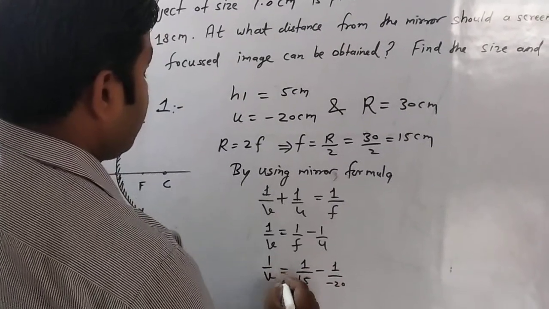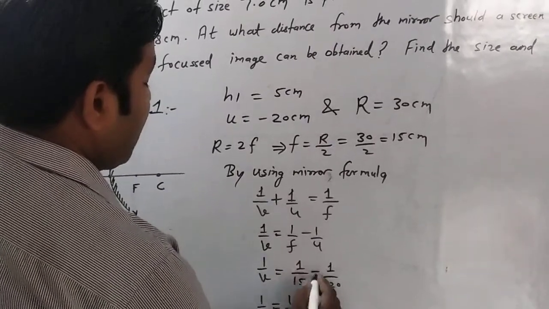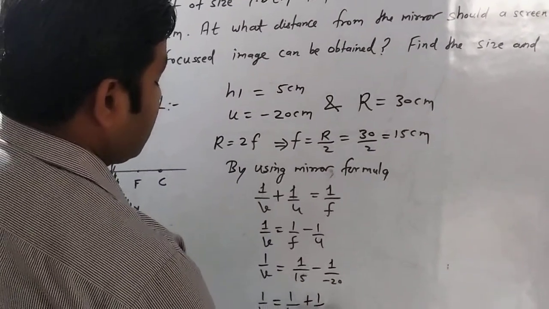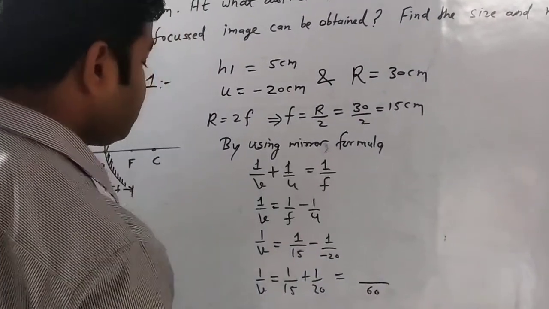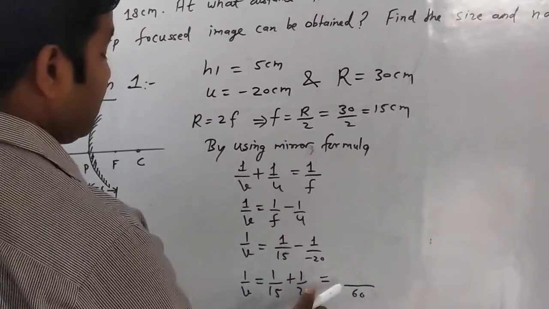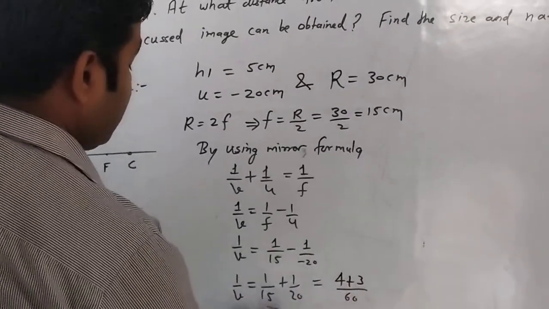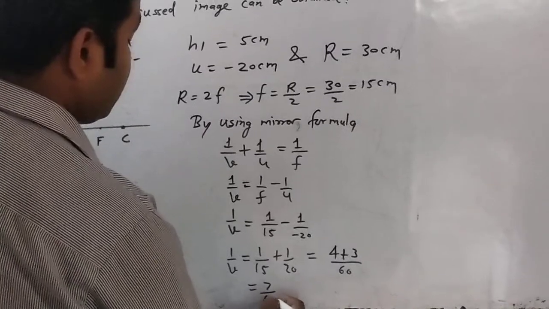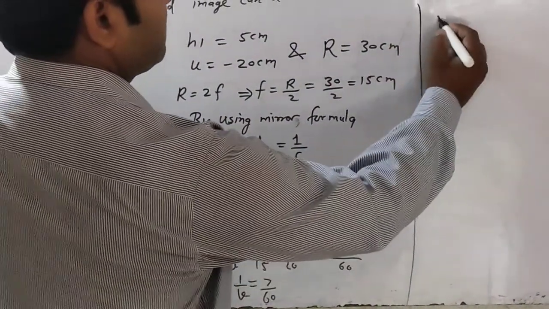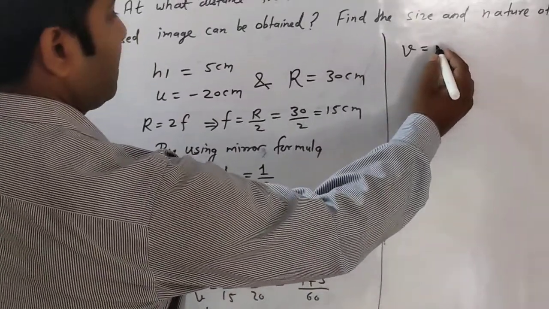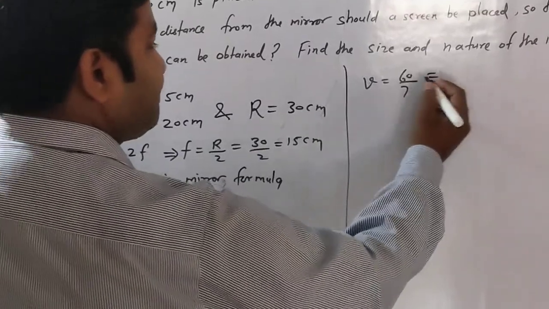So 1 upon v is equal to 1 upon 15 plus 1 upon 20. The LCM of 20 and 15 is 60. 15 divided gives 4 and 20 divided gives 3, so overall 7 upon 60. So 1 upon v is 7 upon 60, then v is equal to 60 upon 7.